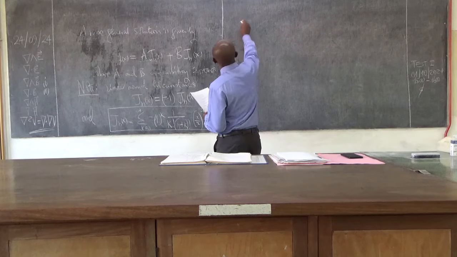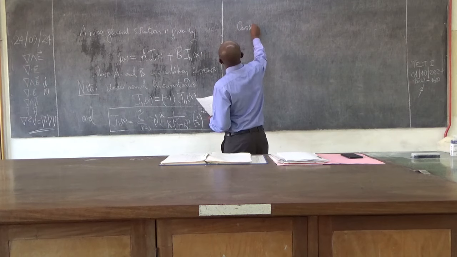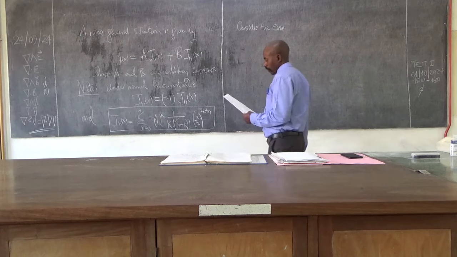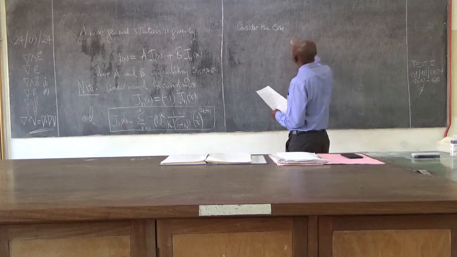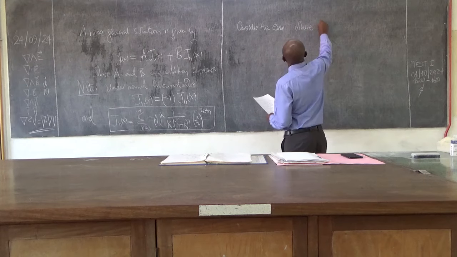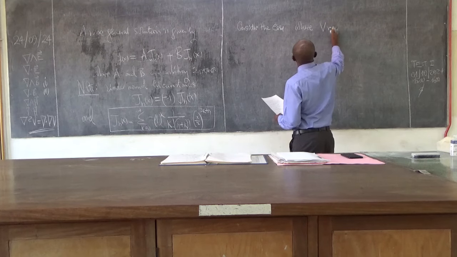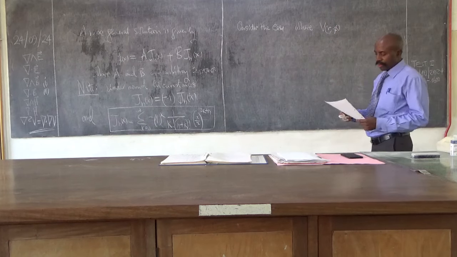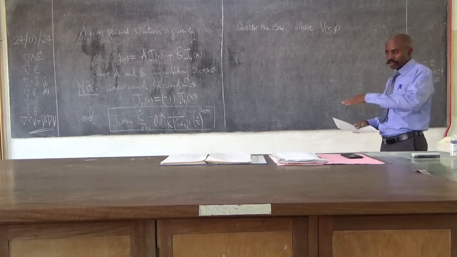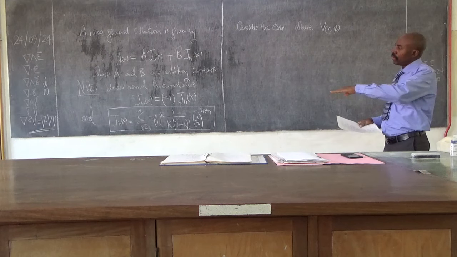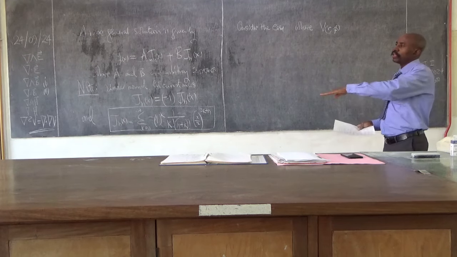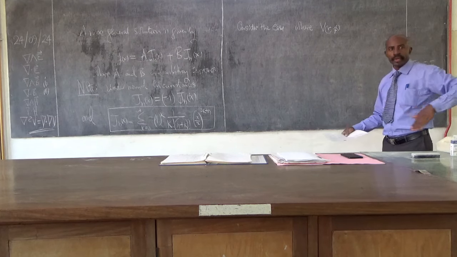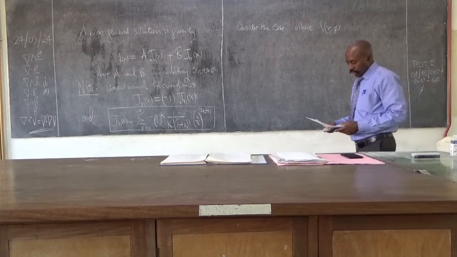Consider the case where the potential is varying with only r and phi. So if it is just varying along phi and r, either expanding this way or around.